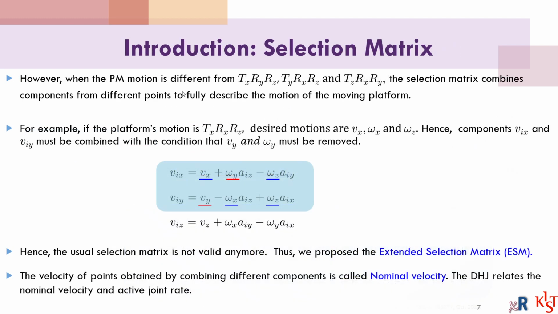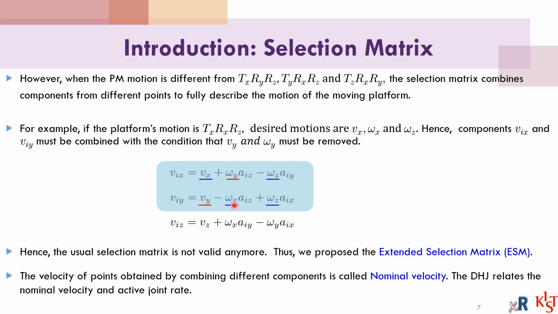However, when the parallel manipulator is different from these three manipulators, the selection matrix combines components from different points to fully describe the motion of the moving plate, because the components cannot independently represent the motion of the moving plate. For example, if the manipulator has the x translation, y rotation, x rotation, and z rotation, Vix component only comprises Vx and Wz.